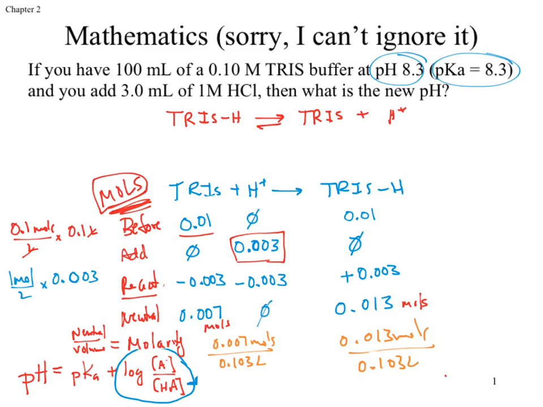What is the A minus that we would be plugging into our Henderson-Hasselbalch? Tris or tris H? So our tris, what's our HA? Tris H. Okay. We can do our log of that, and we can add that to our pKa and we should get our pH.